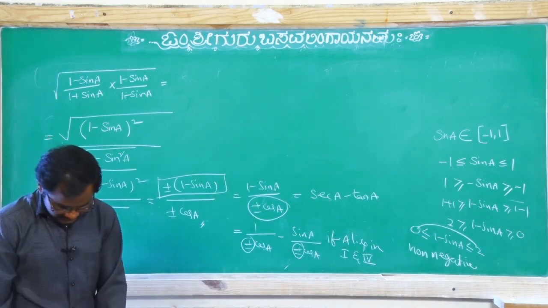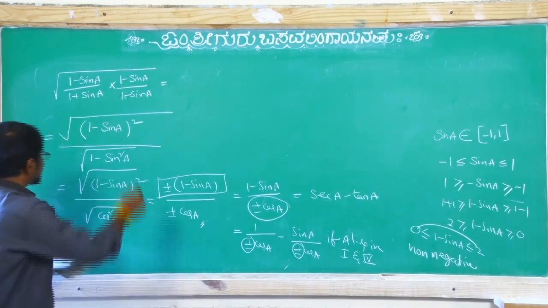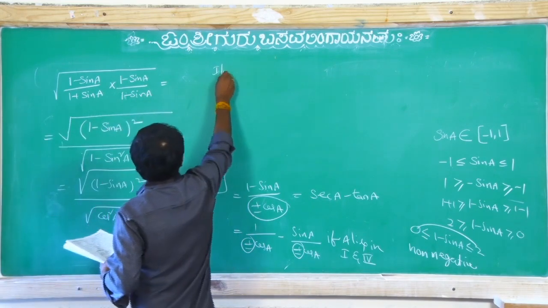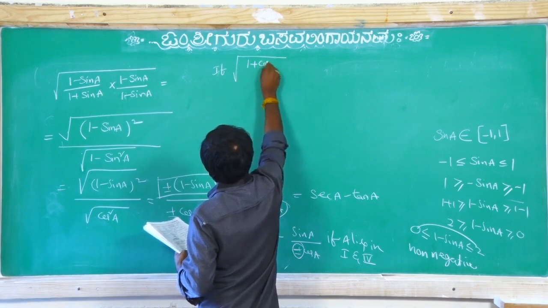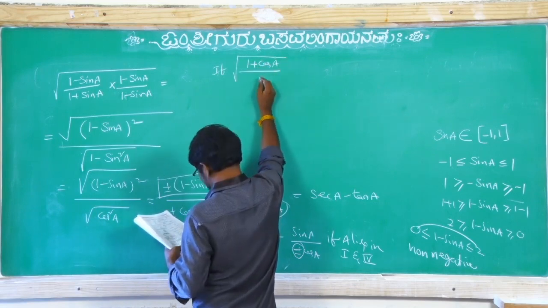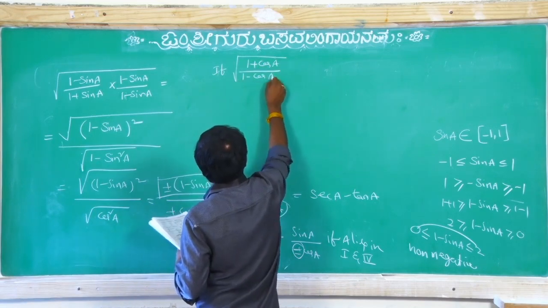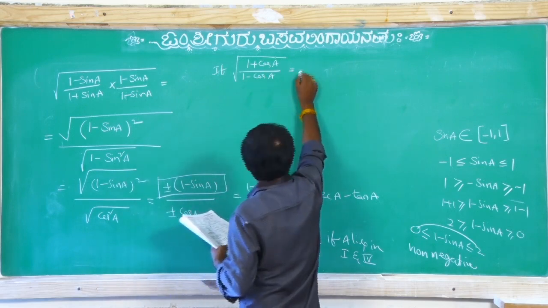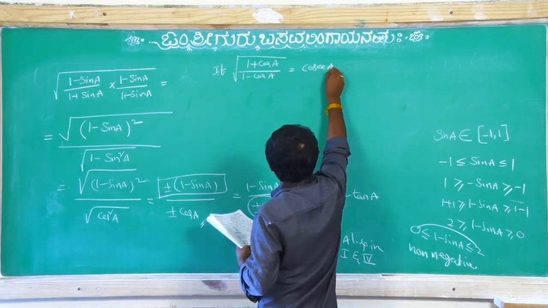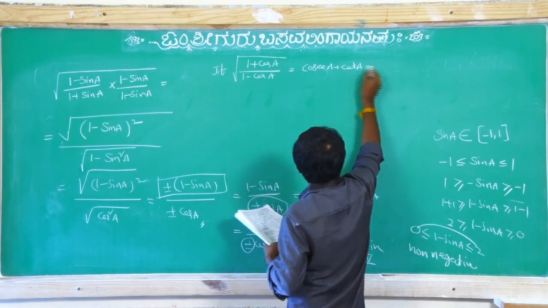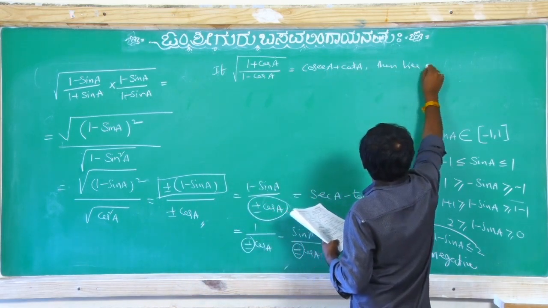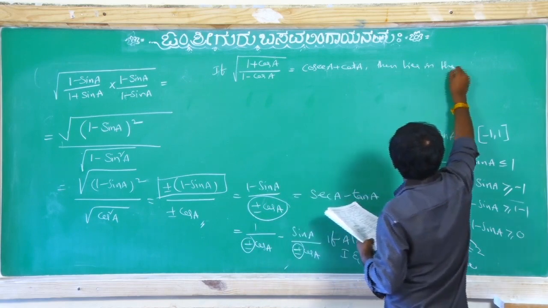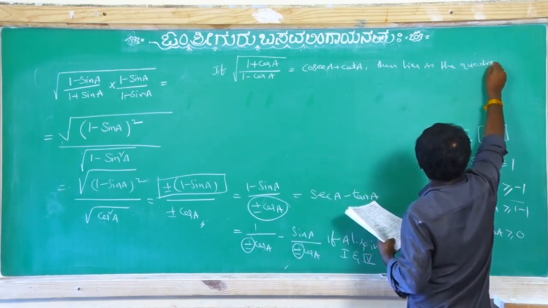Next, here one more problem they have given. If root of (1 plus cos A) divided by (1 minus cos A) equals cosecant A plus cot A, then A lies in the quadrant. Same options you take, which quadrants you have?